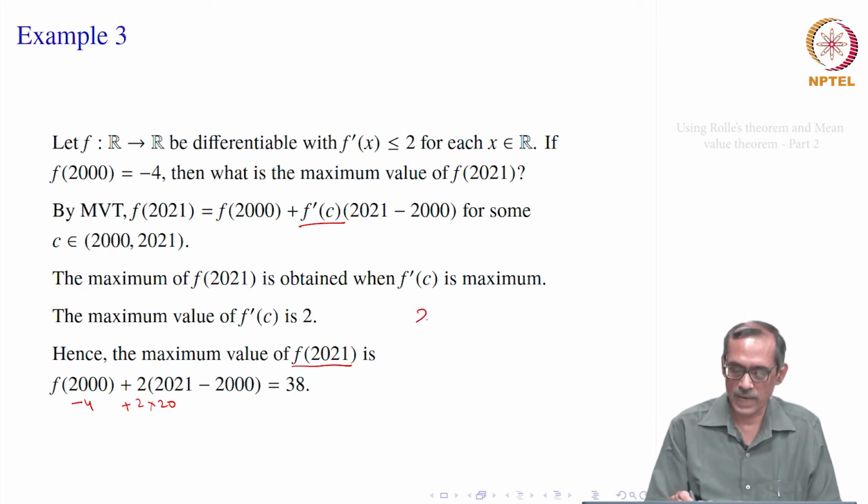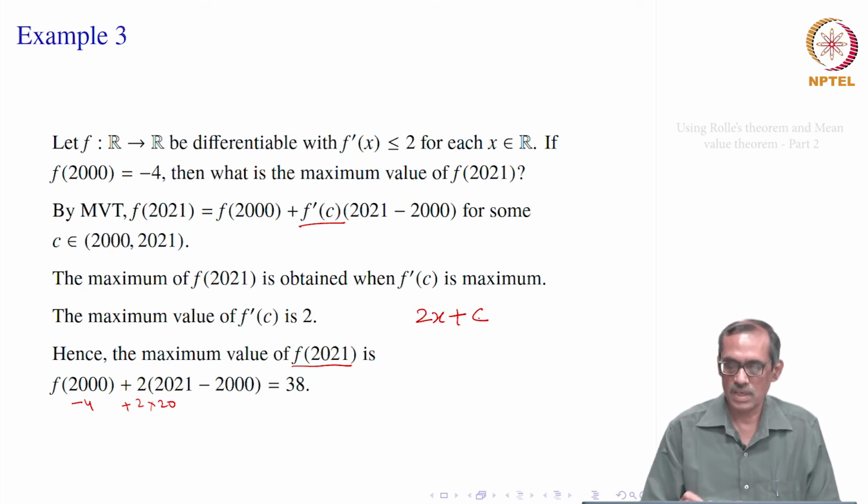So, let us try 2x plus c as f of x. It is just a trial, but this should be equal to minus 4 when x is replaced by 2000. So, this gives 4000 plus c, and that should be equal to minus 4. So, that gives c equal to minus 4004.